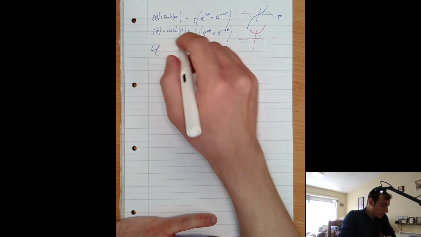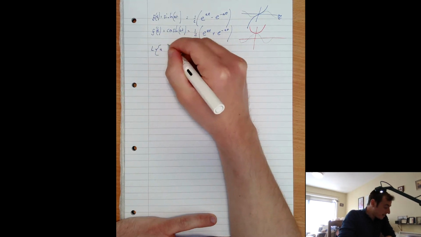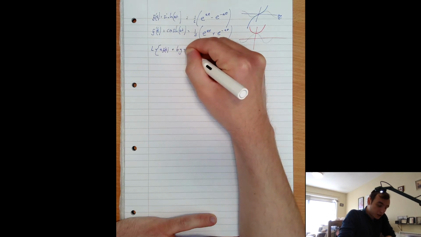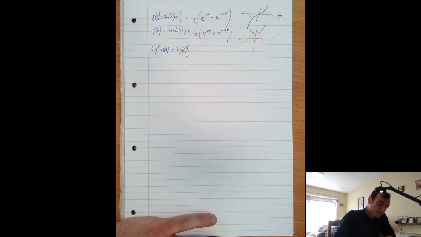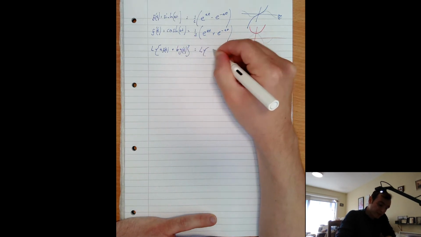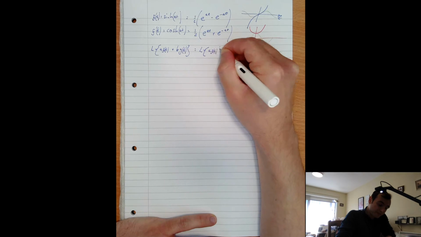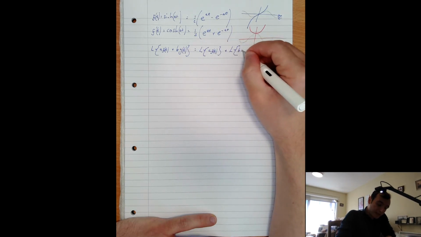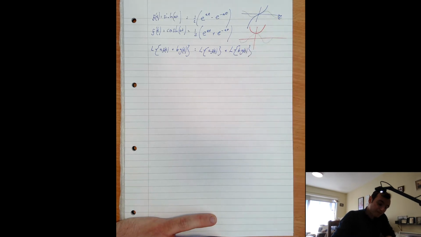So let's say we want the Laplace transform of a f of t plus b g of t. Well, that's just going to be the Laplace transform of a f of t plus the Laplace transform of b g of t.